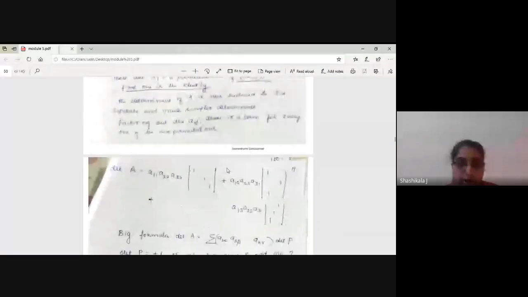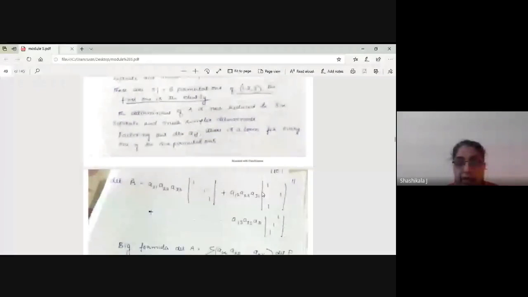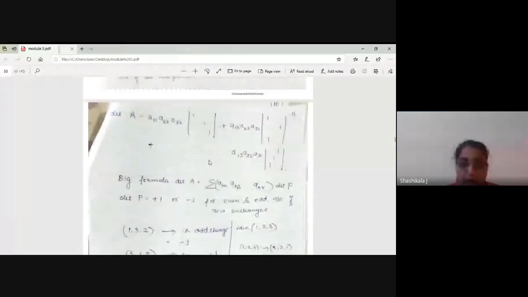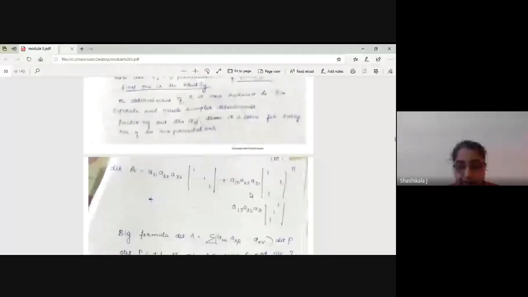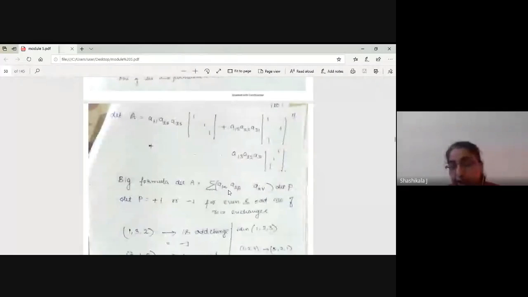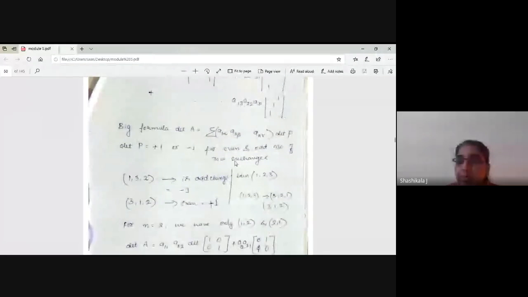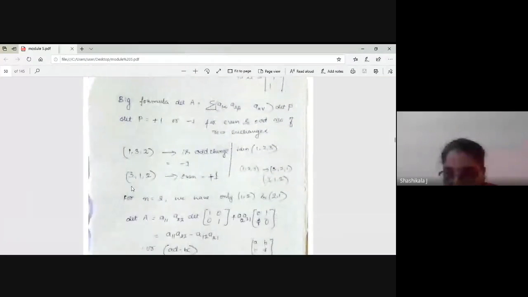Here, what is the big formula? The columns are important. How we have to choose is: sigma of the product of entries into determinant of P. Determinant of P is plus or minus 1, and the identity column order should always be 1 2 3 if it is a 3 cross 3 matrix; if it is a 4 column matrix, then it is 1 2 3 4.